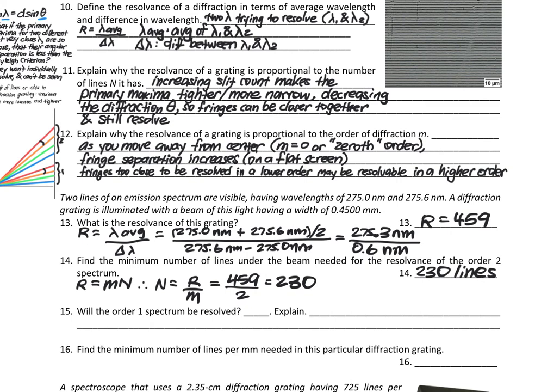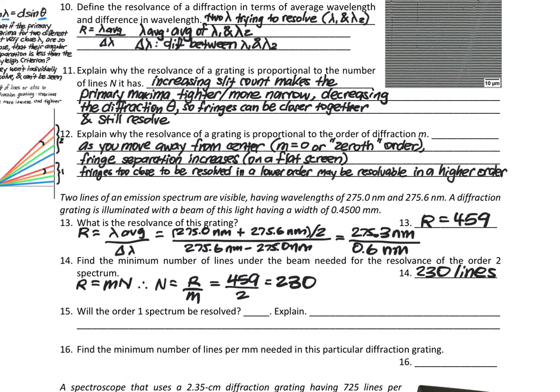Assuming, for number 15, that it's going to be the same number of lines under the beam, they ask, well, will the first order spectrum be resolved? So I'm trying to figure out number 15. It's kind of a weird question because number 14 says, what's the minimum number of lines that you would need to just barely resolve the second order spectrum?